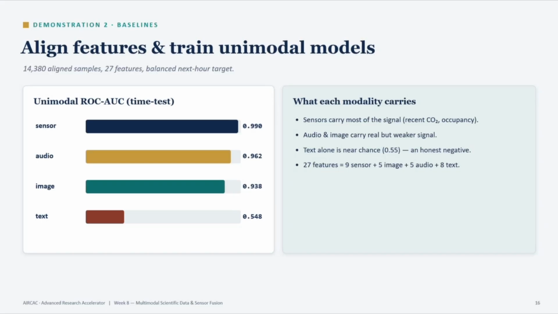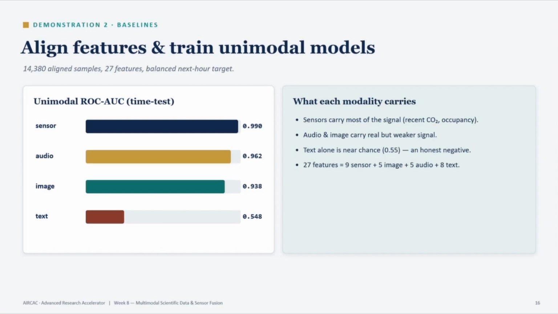Second, we need to align features, ensuring the uni-model. Also, it's very important. The uni-model test gives us 99% for the sensor.